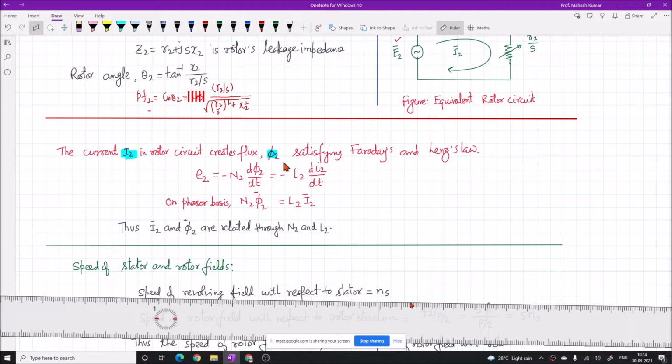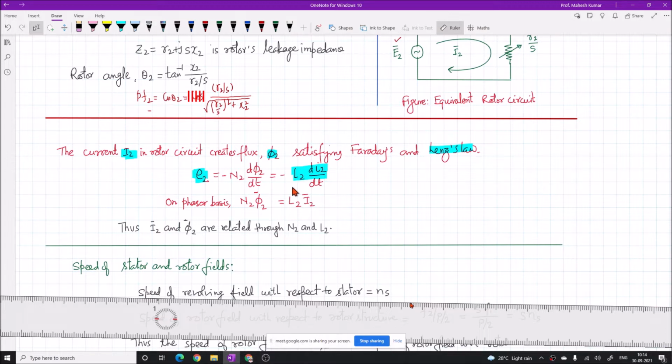Then we have this relationship by applying Faraday's law and Lenz's law. Lenz's law is from the point of view of the circuit. We say that the induced EMF is given as L2 into di2 by dt. And Faraday's law says, in terms of the field, it is given as minus N2, the number of turns, into d phi 2 by dt, the rate of change of flux. So we equate them. The negative sign shows that the induced EMF opposes the initial cause, that is the flux.